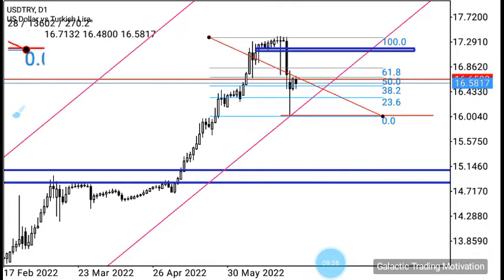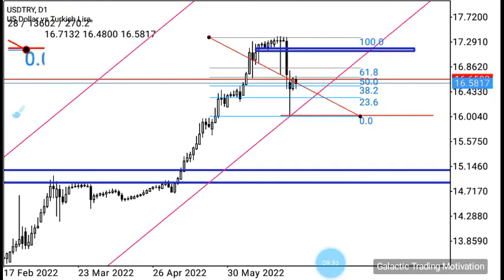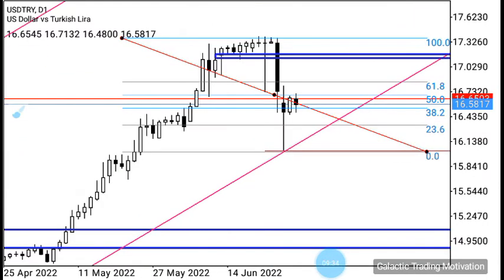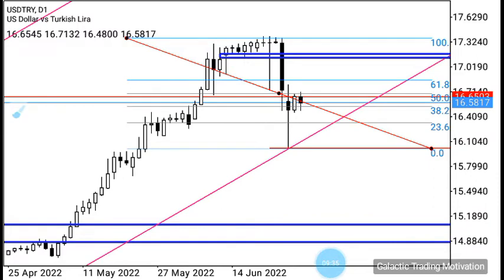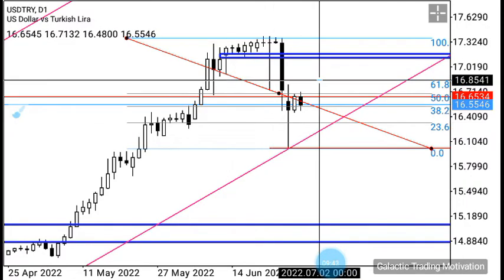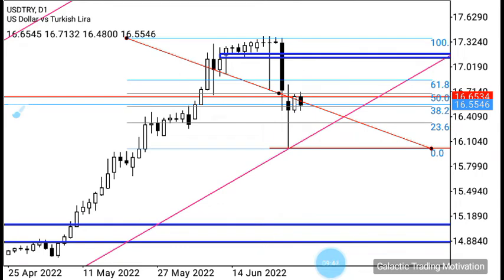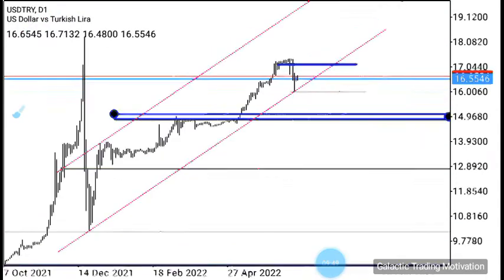So okay, let me just do this. It seems that the neckline really isn't in line with any of the key numbers on the Fibonacci retracement tool. So I'm just going to delete it. Just bear with me. Okay, there we go.